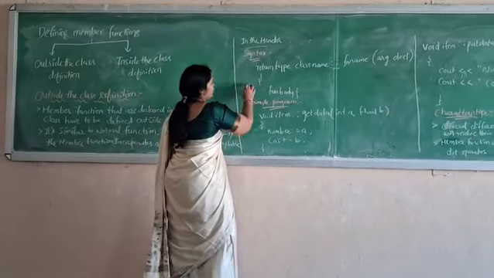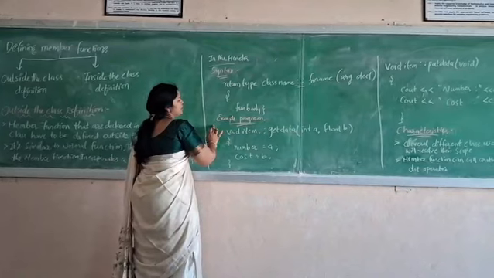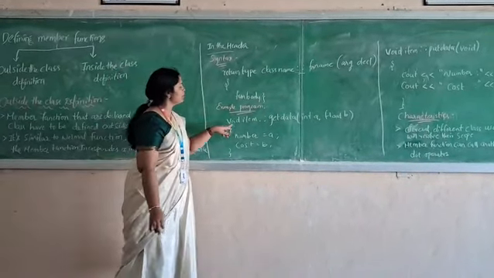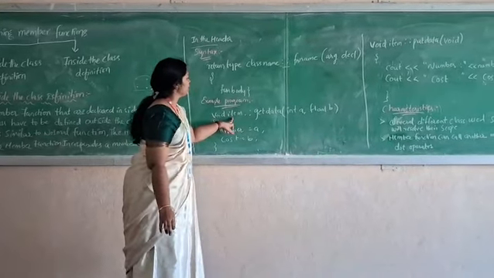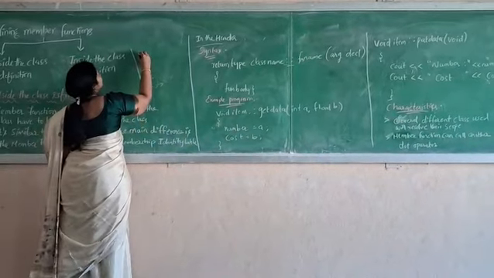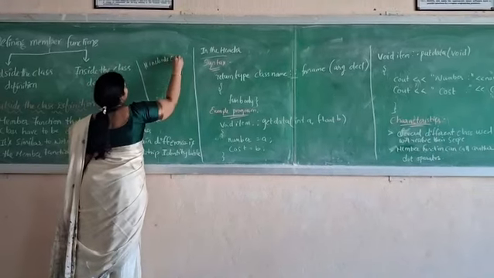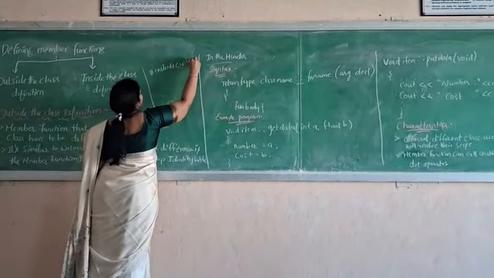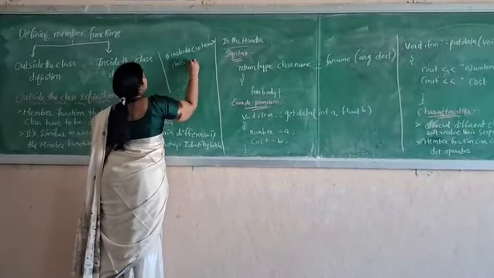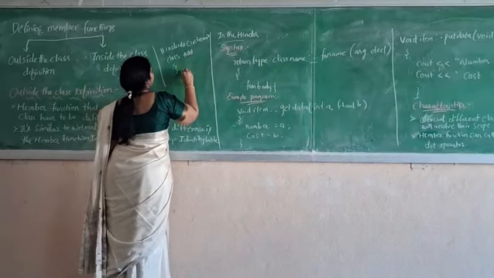Here we have the preprocessor directive, class name, then private members and public members. After that we have to define the member function. For example, consider the class name is add.